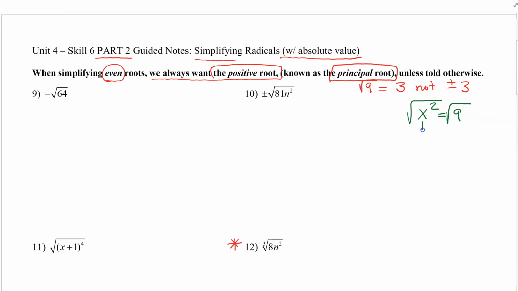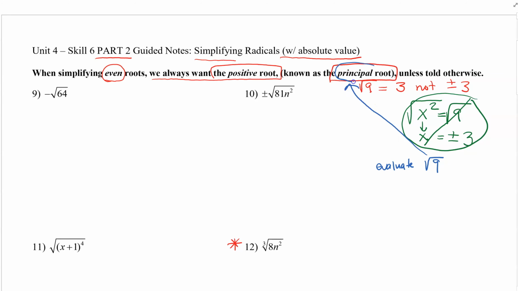In that scenario, we're solving for x, and this x value is being squared to equal 9. So the original x value could have been both a positive or a negative 3. That scenario is a little bit different than when you're just given the radical sign. If you're just given the radical sign like this and you're asked to evaluate the square root of 9, you are to understand that that symbol is only representing the principal root, the positive root.